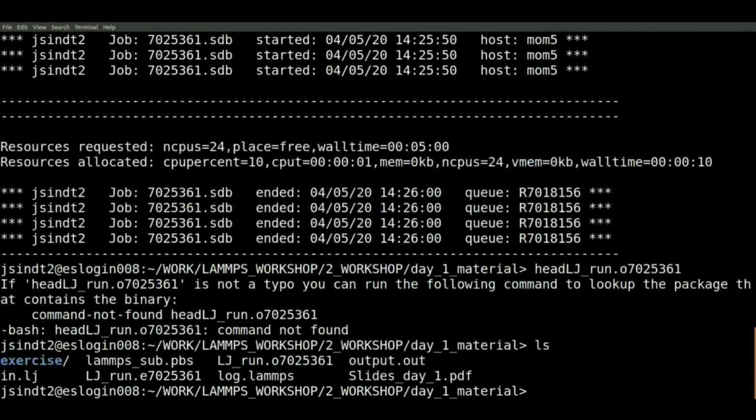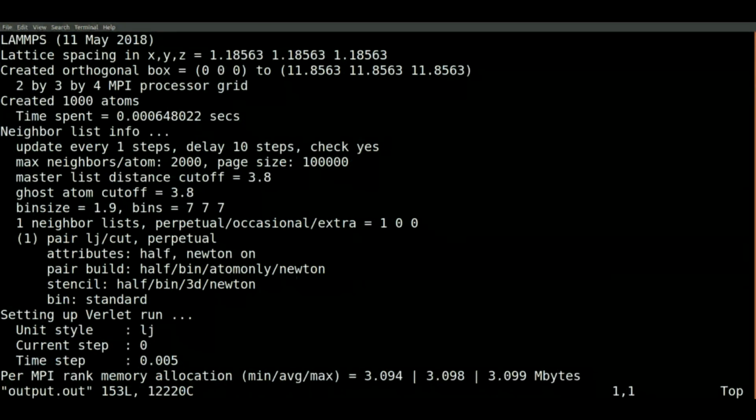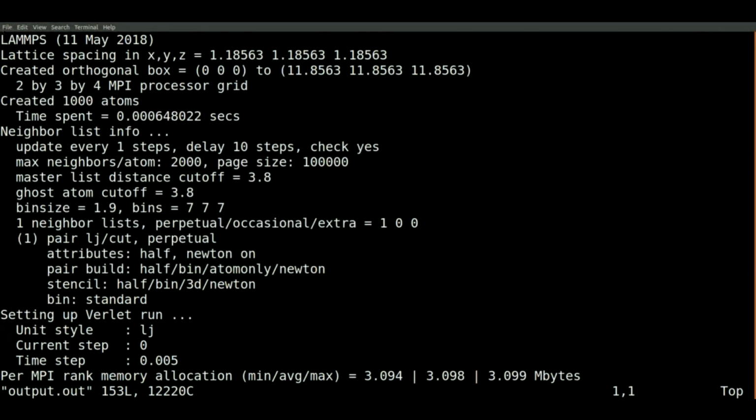Other than that, the other files we've got are an output.out file, which is where everything that I asked the program to print goes, and so you can see what the LAMMPS output looks like. It gives us a lot of information, starting with, well, this version of LAMMPS was compiled on the 11th of May 2018. We already kind of know that.